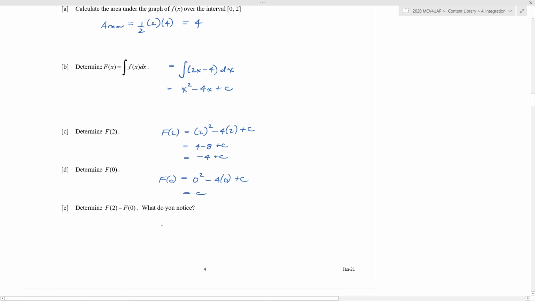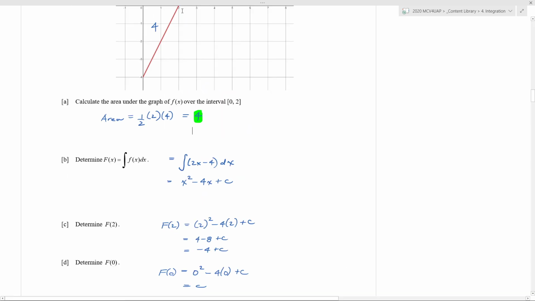So now we have this negative sign here. When we compare F at 2 minus F at 0 with the area, you can see that the value is the negative of the area. That will always happen when you're dealing with a function which has y values that are negative.